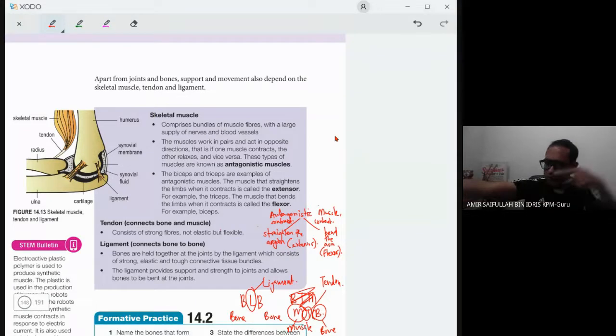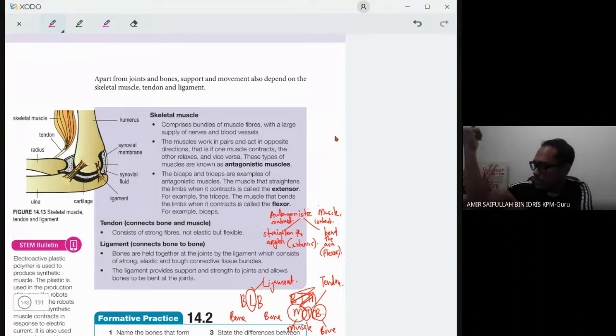Kamu tengok when I poke my hand, kalau saya cucuk itu maksudnya contract. Okay, when the bicep contracts, my arm will bend. Bicep contract meaning to say tricep relax, arm will bend.